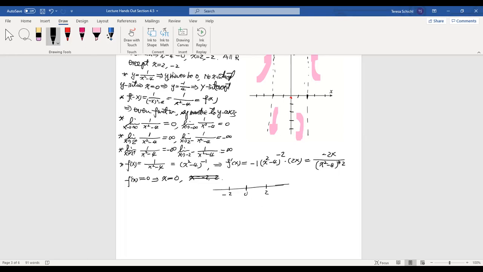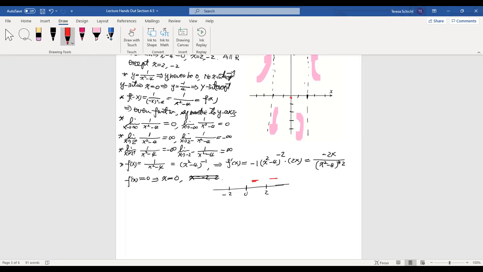So what I have here will be what? It's negative, right? So f prime x is negative. And also if x is greater than 2, what happens here? This is also negative.